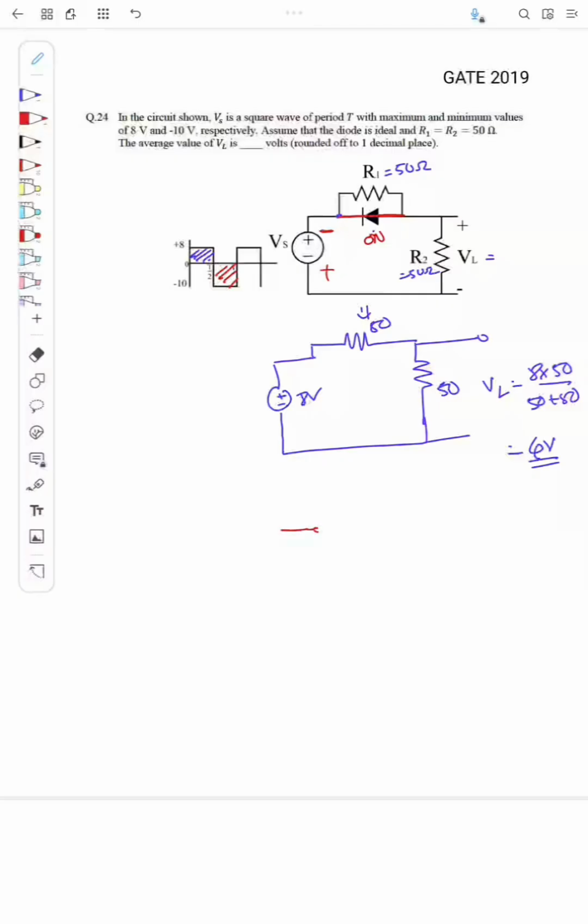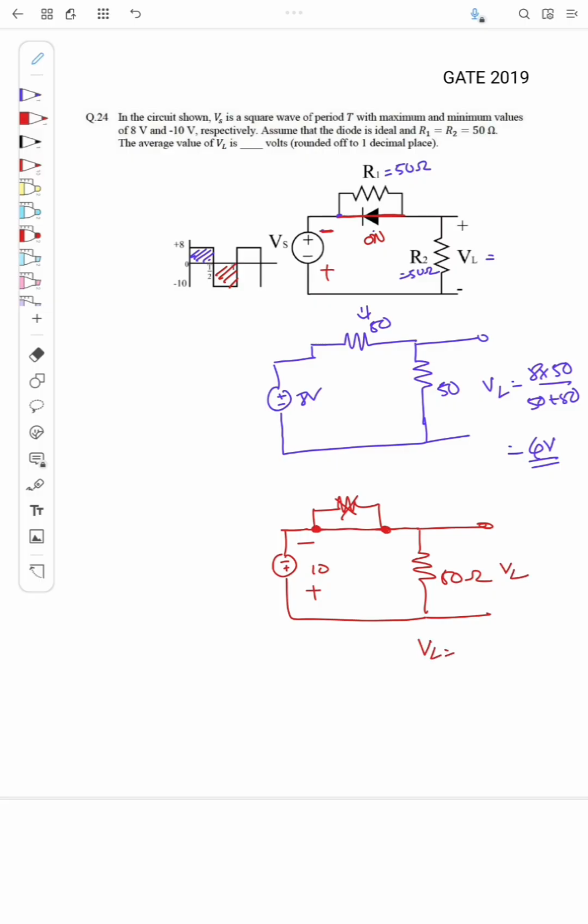These two nodes will be short circuited because the diode is on, so both nodes are the same and there is no 50 ohm across that point. So I have 50 ohm here, and this is minus 10 plus. What is VL here? Since this is short circuited, the same voltage will be available here. So VL is actually minus 10 volt.